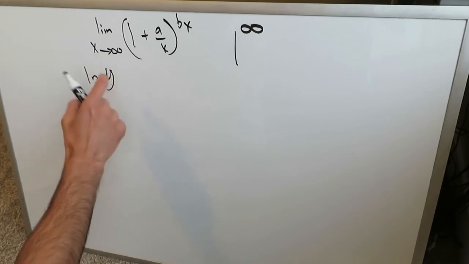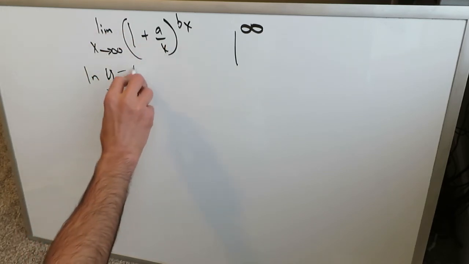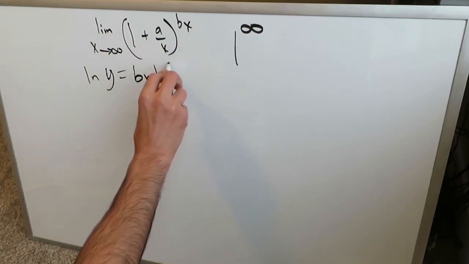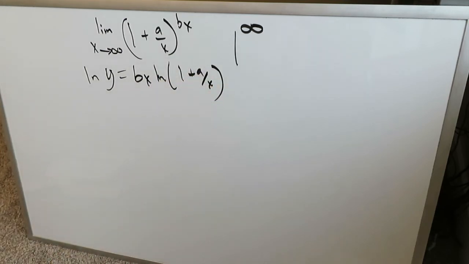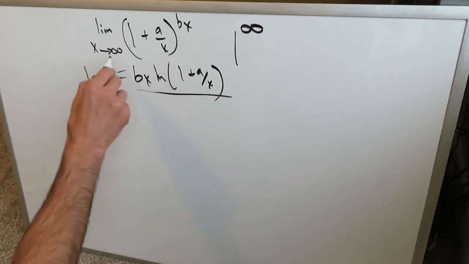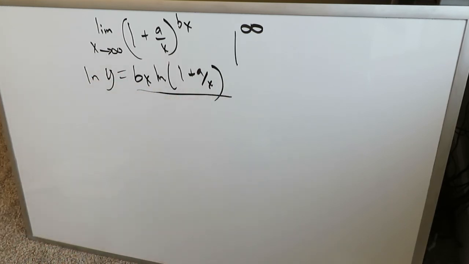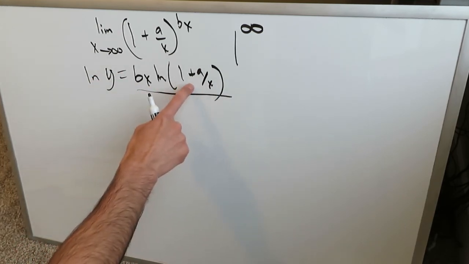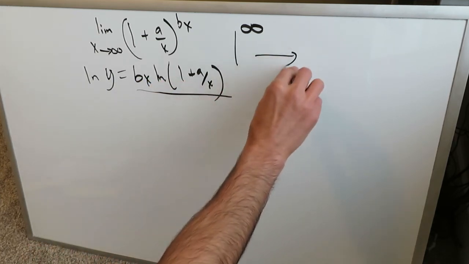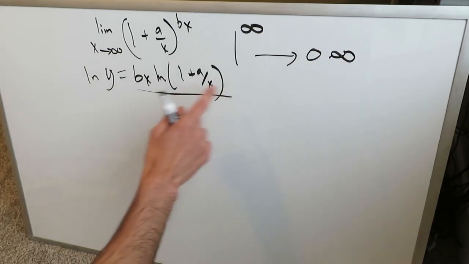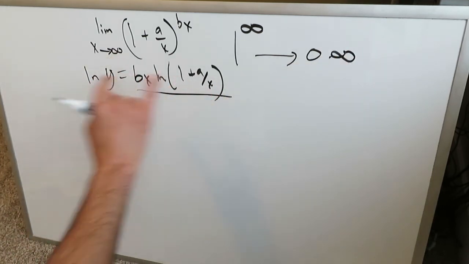Natural log y, because this y is equal to this function, is equal to bx natural log of 1 plus a over x. Now you've converted into a product type, and if you were to plug infinity in place of x, you would get b times infinity and natural log of 1, which is 0. You've converted this into this type, and you can see that by plugging in infinity in place of x.